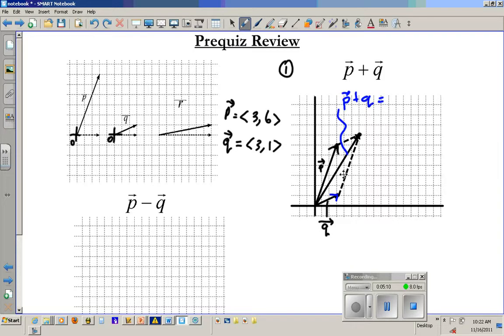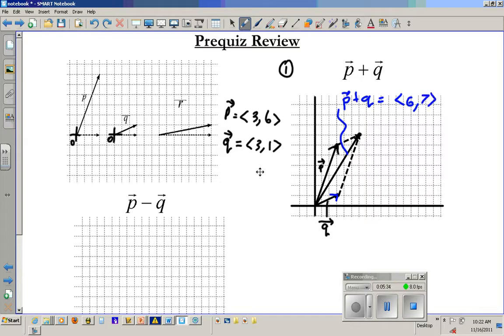Now, using the coordinate system, what are the coordinates of P plus Q? It's 1, 2, 3, 4, 5, 6, comma, 1, 2, 3, 4, 5, 6, 7. So is our answer correct?